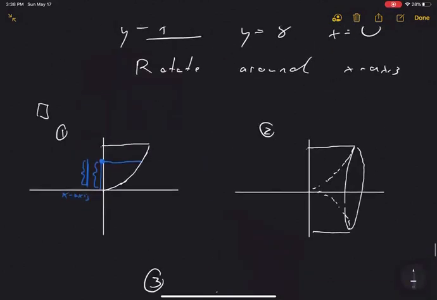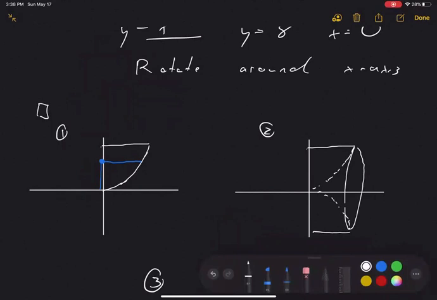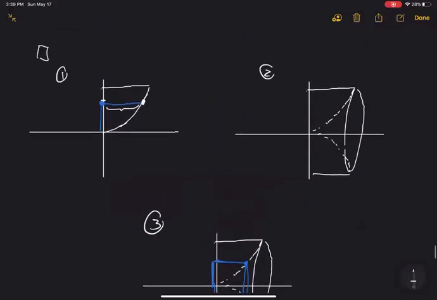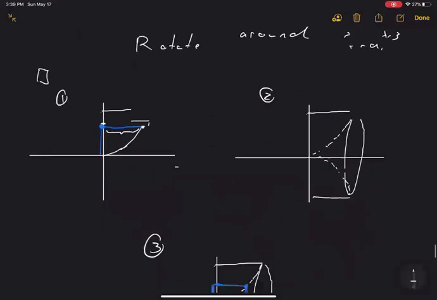And then what's the height of my cylinder? It might seem weird to call it the height because it would actually be more like the length of our cylinder. The length of our cylinder is this distance, right? What is this distance? It's the distance from the y-axis to this point, which is just the x-coordinate on my curve. What curve is that? That's y equals x to the power 3/2.